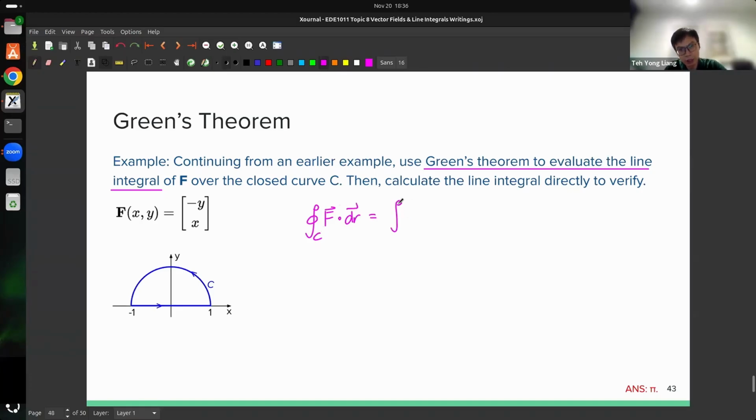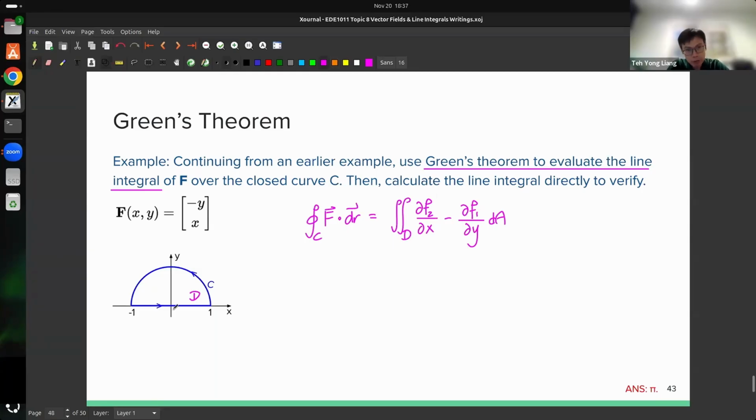You have to compute the double integral over the region D of del F2 del X minus del F1 del Y, dA. If you compute the line integral directly, then you never use Green's theorem. So you have to compute the double integral.